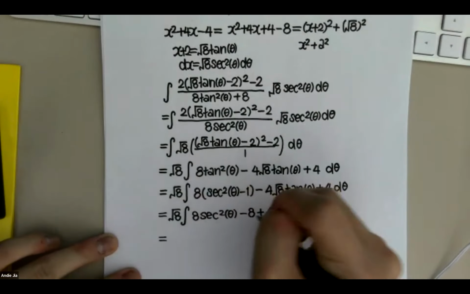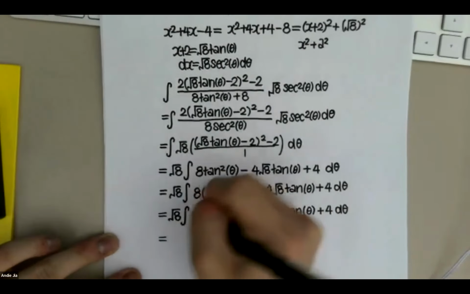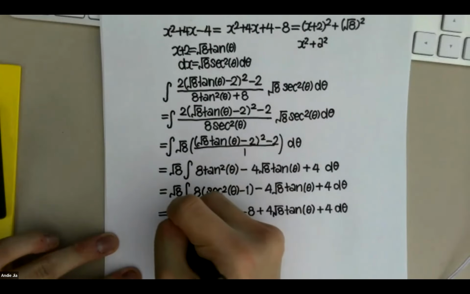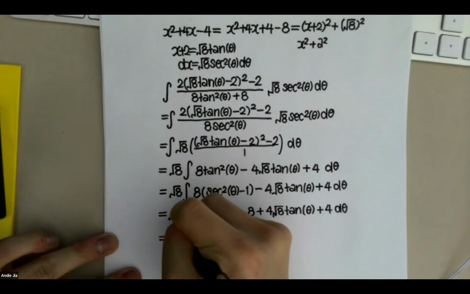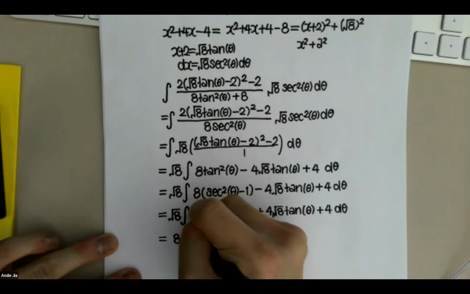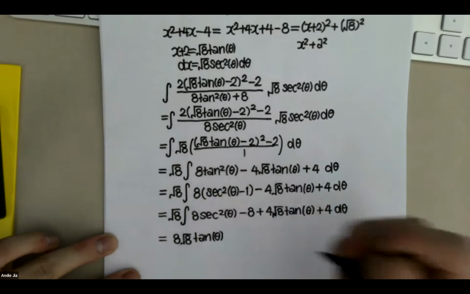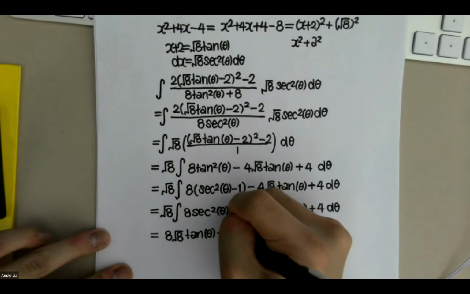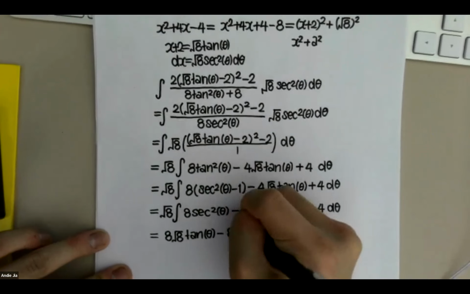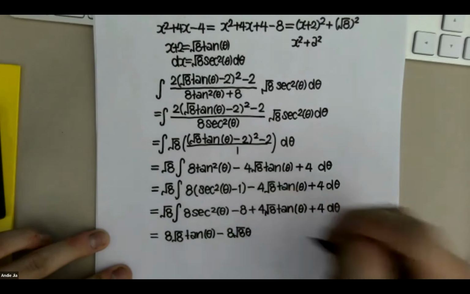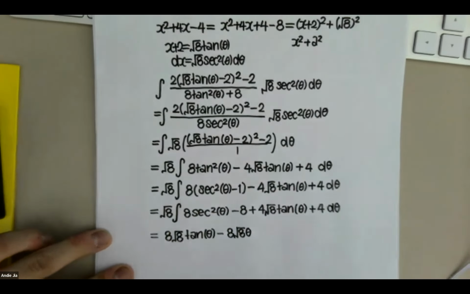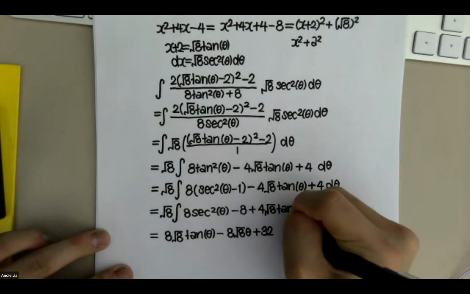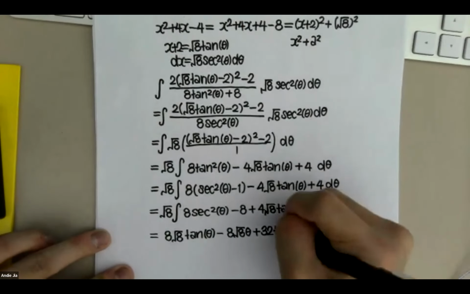So I try to multiply square root of 8 to everything. So this is going to be 8 square root of 8 tangent of theta minus 8 radical 8 of theta plus 32.